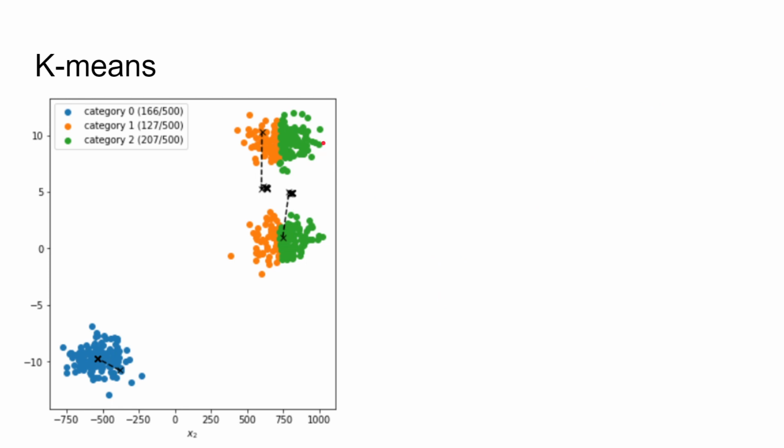I have changed the data slightly, and I've shown on the graph how I've changed it, and now it's decided that it wants a prototype here, a prototype here, and a prototype here. What did I change to cause this to happen? I very subtly changed this axis. I just multiplied all the data on this axis by 100. The reason I'm doing this is to highlight a side effect of our distance measure.